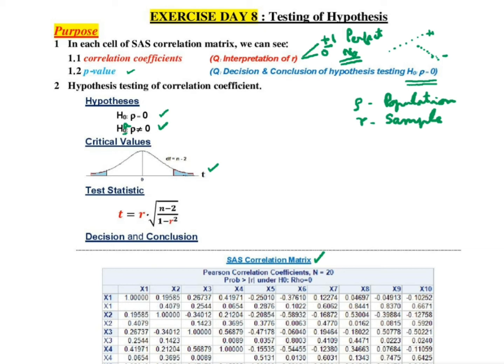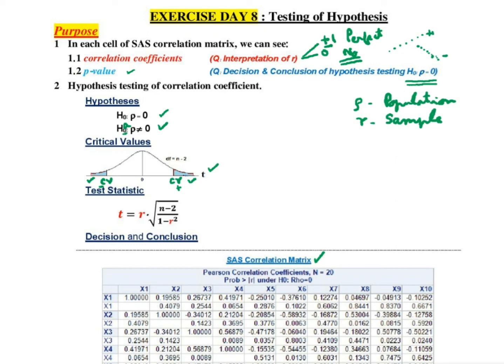Therefore, in the T-curve, you have to cut, mark 2 points equally distant from 0 to the right and left. One is a positive critical value, another is a negative critical value. Farther than critical values are called rejection regions. T values farther than critical value from 0 are forming rejection regions. Two rejection regions on the right and on the left.